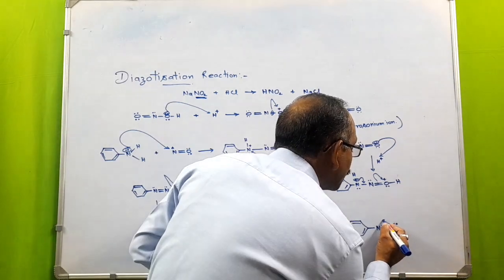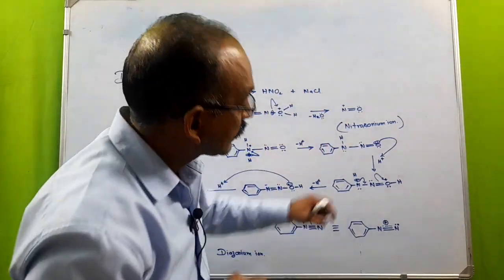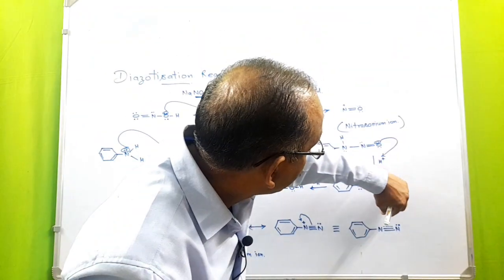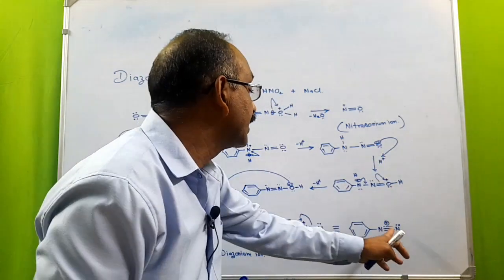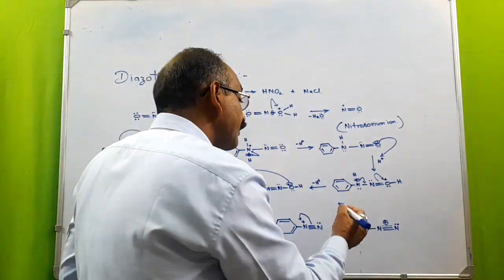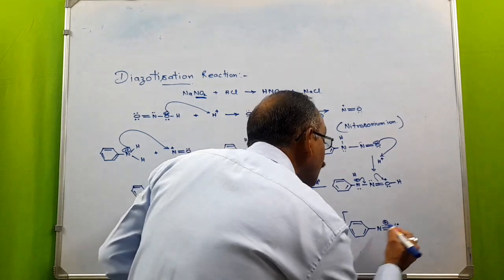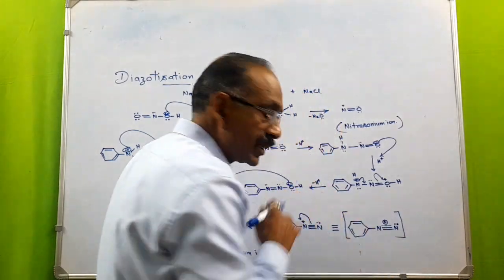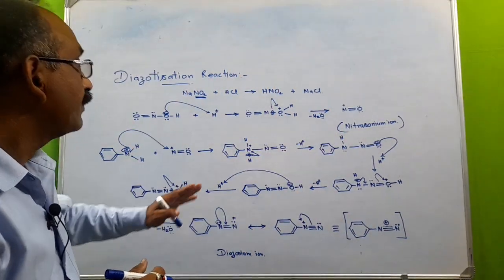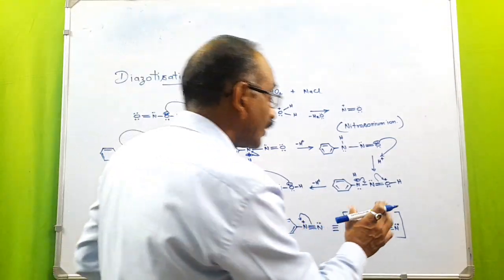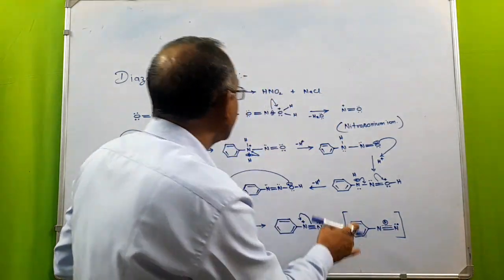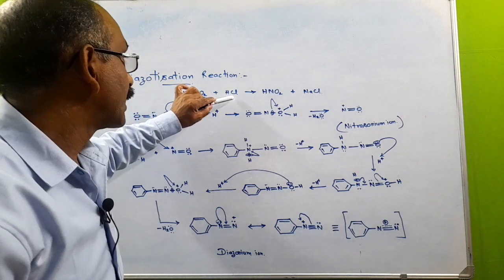So here it is denoted in between the two nitrogens. This one is the resonance hybrid.